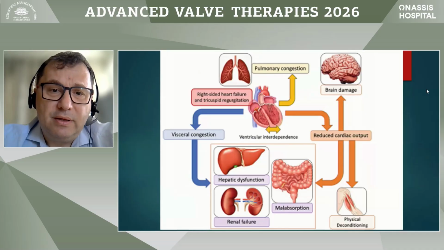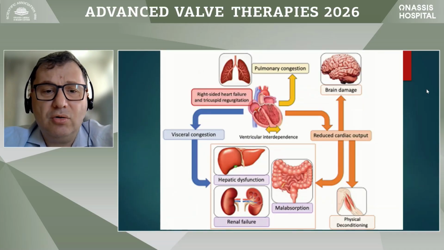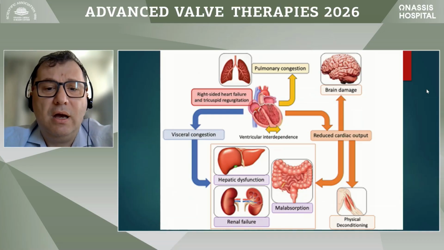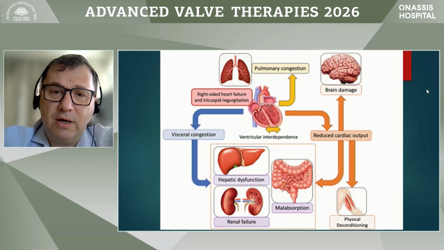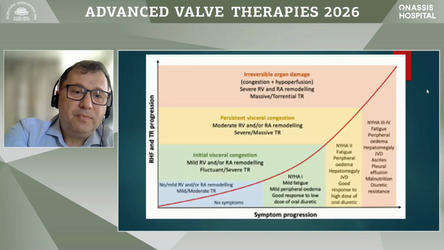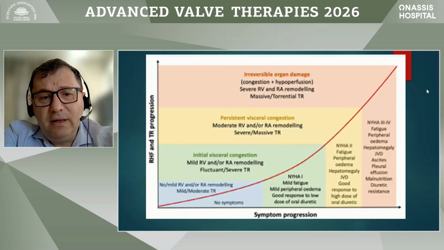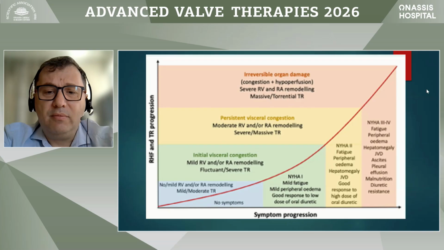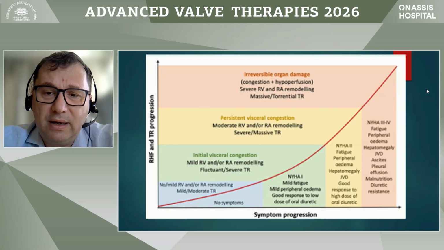And of course, tricuspid regurgitation can affect different systems, can cause hepatic dysfunction, renal failure, malabsorption, brain damage, and pulmonary congestion.